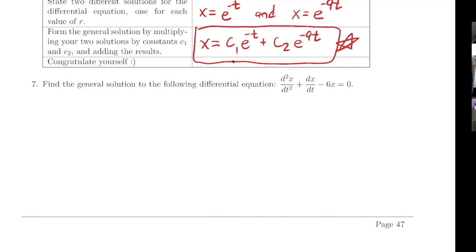We don't need to explain where this comes from or why, but let's set up the characteristic polynomial, which in this case would be r squared, since we have a 1 in front of the second derivative. The coefficient in front of the first derivative is 1, so we have an r there. And then we have a minus 6 over here.